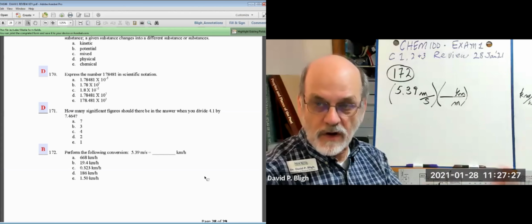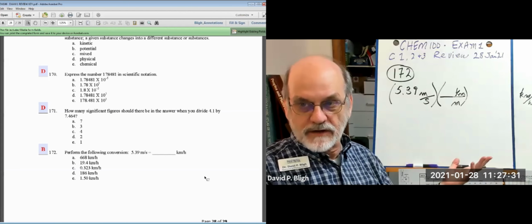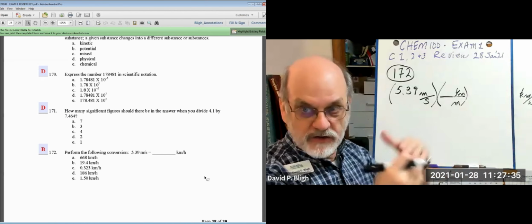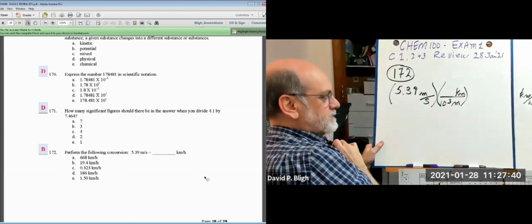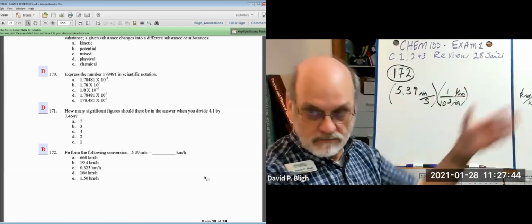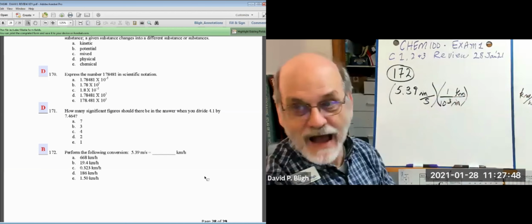How many meters are in a kilometer? Well, kilo means 1,000. So we need 1,000 meters, 10 to the third, for the kilometer to be the same size unit. So there's meters converted to kilometers. We're halfway done. Now we need to convert seconds to hours.